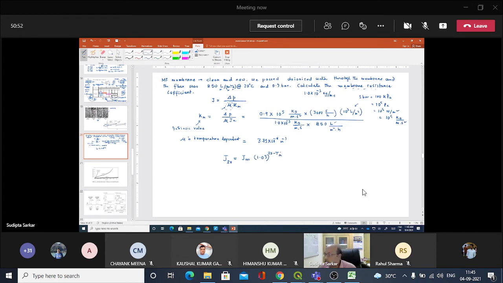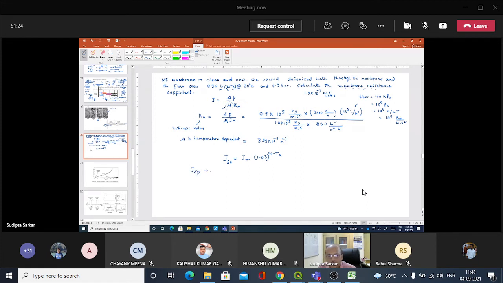Here Tm is the temperature at which we require this. Sometimes we also specify this flux at a standard temperature divided by delta P. So we also have a term called specific flux.